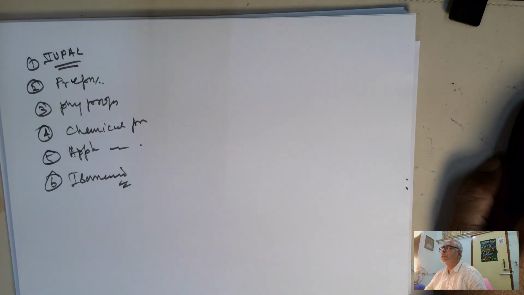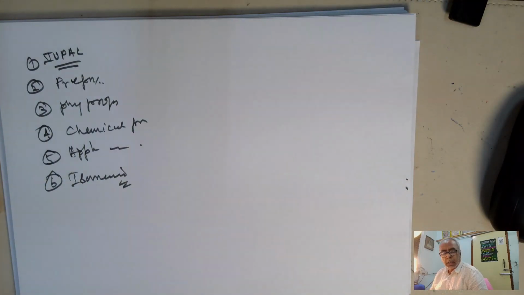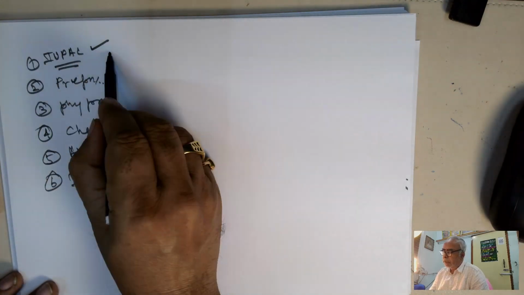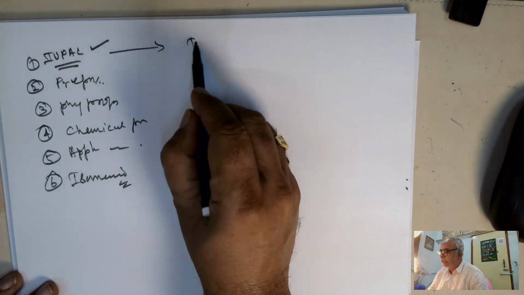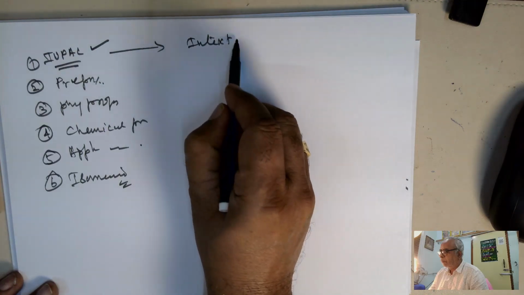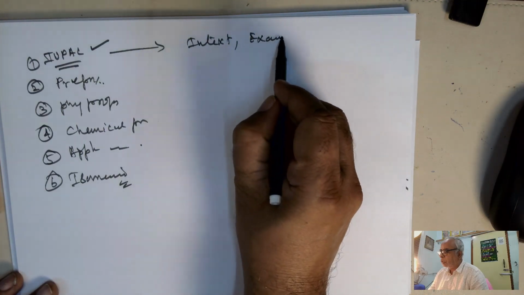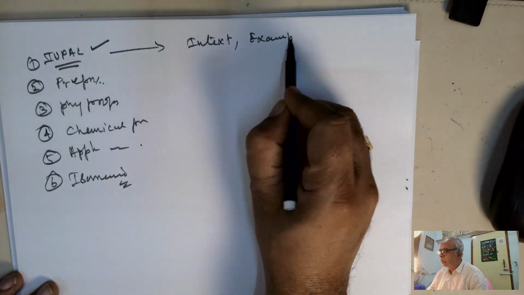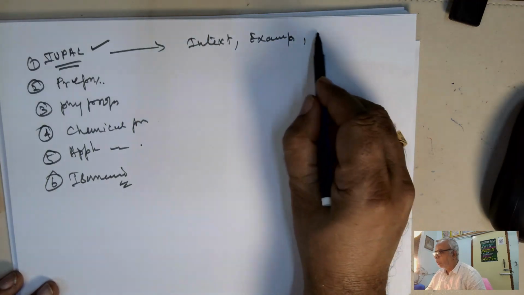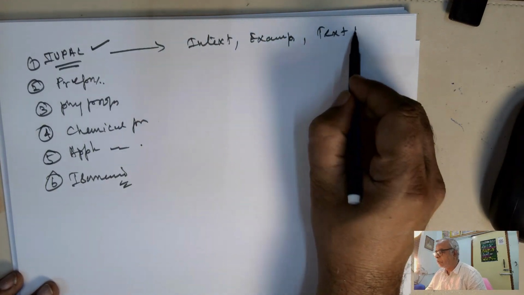Now let us discuss. That is why I suggest whenever you study IUPAC, immediately go through the in-text questions, example problems related to IUPAC, and immediately work out the textbook problems.